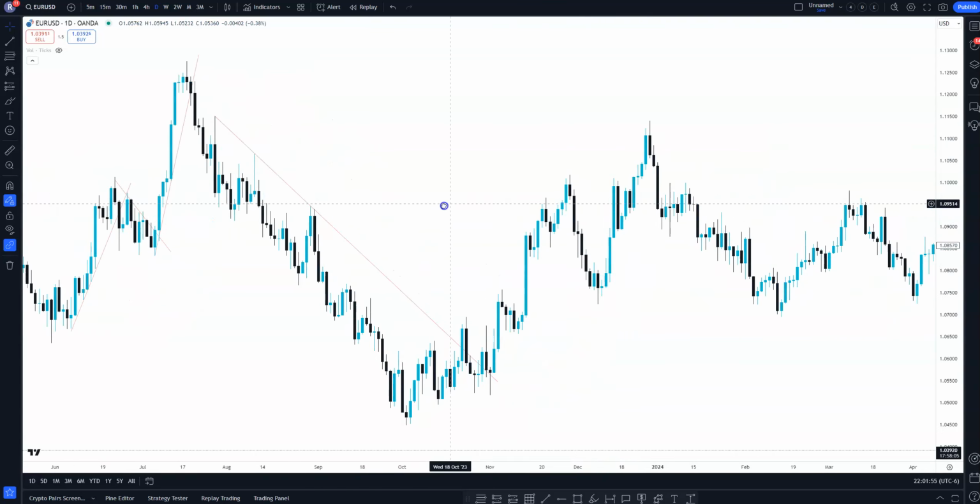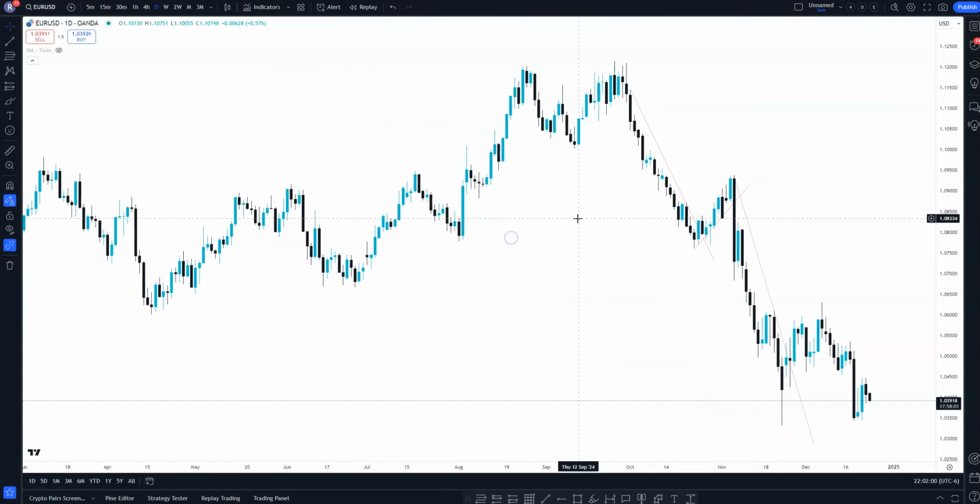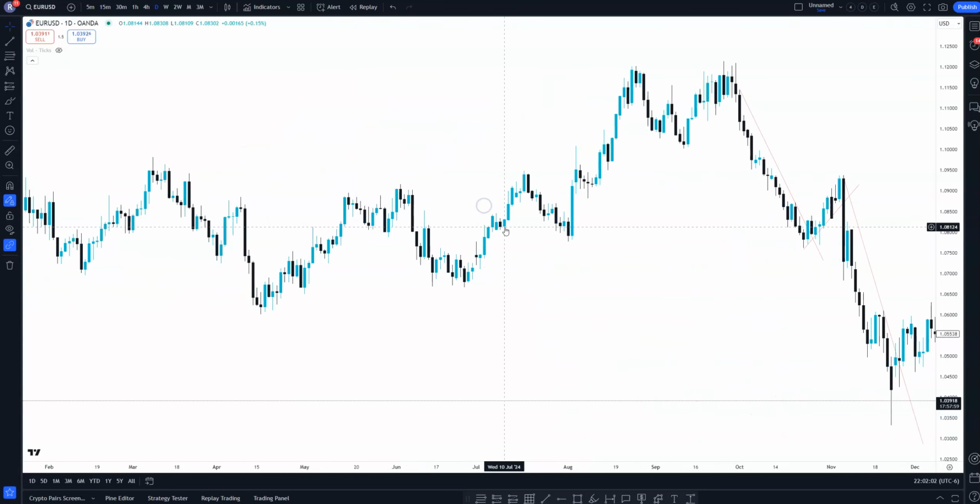Alright, but then the next part will be structure. So let's go back to, I guess we can go to this part. So structure is looking at multiple trends in relation to each other, right? So just say here we have this uptrend. You see a big move up, then we have a small move down, then another move up.